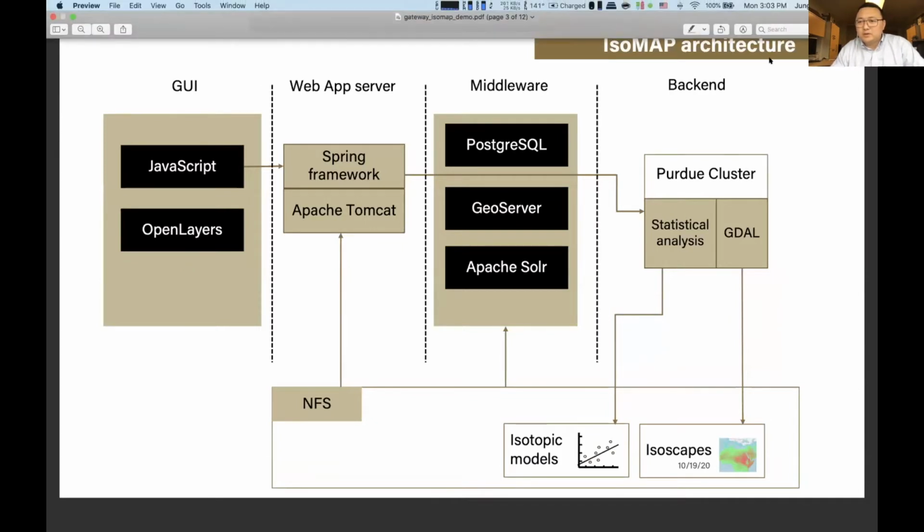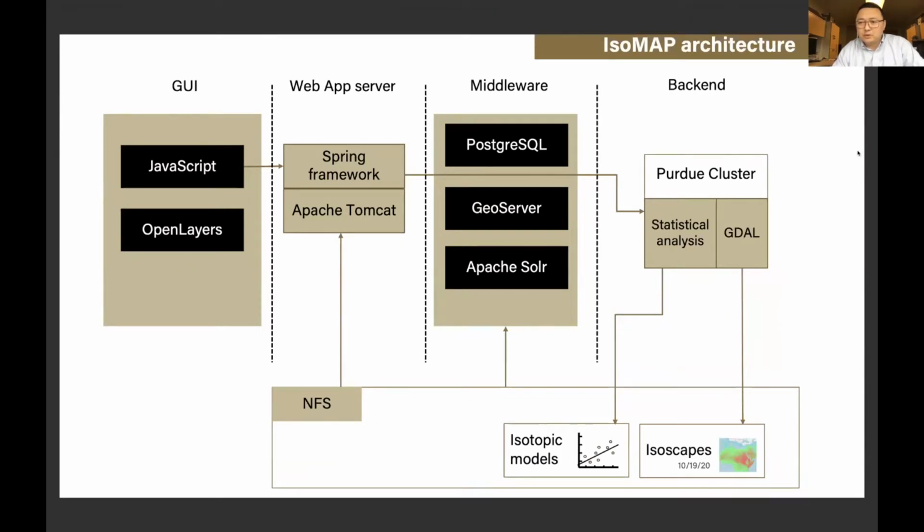So let's see the architecture. IsoMAP architecture is quite straightforward. IsoMAP web pages display the maps using OpenLayers and GeoServer. The users build a model, and the actual model runs on the backend Purdue cluster. We do the statistical analysis. Basically, the first one is the linear regression, and the second one is geostatistics.